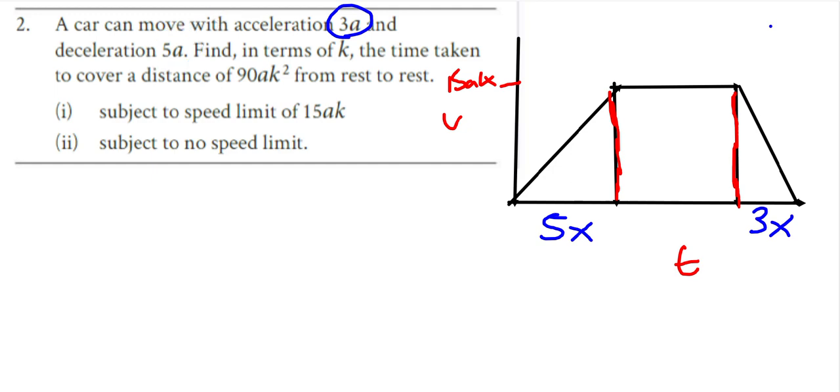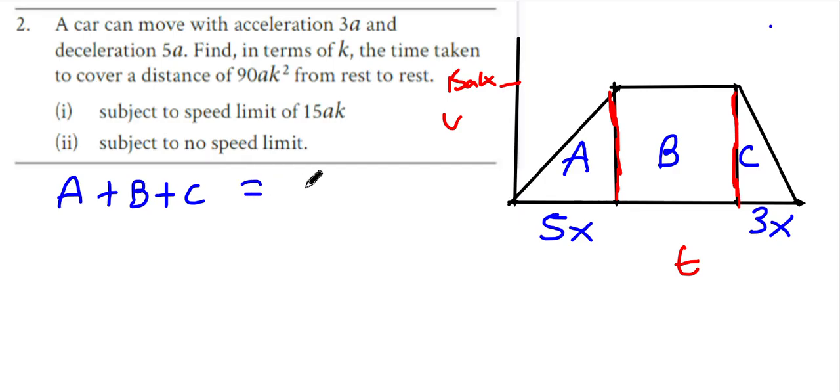And now, the area of triangle A plus rectangle B plus triangle C has to equal what? 90 AK squared. Yeah, your 90 AK squared is what that's going to do.